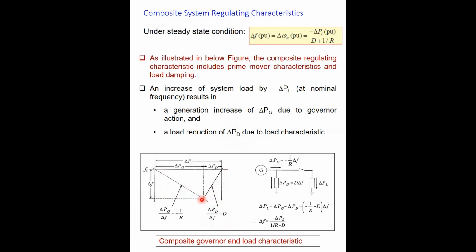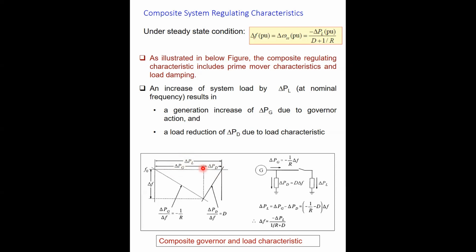So you can see it will be this change in the power, or the reduction in the power, which is to be met by the generator for this load change. Because of the frequency sensitive load presence, for this load change the output power generation is only up to this amount here.